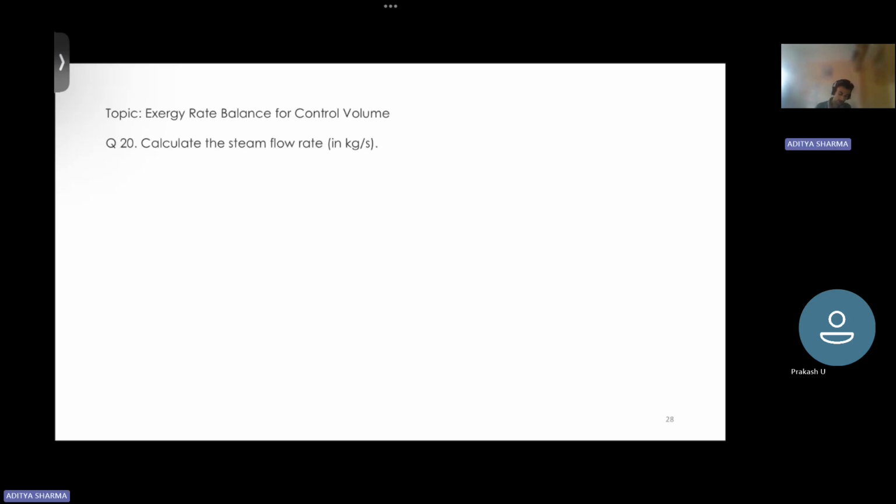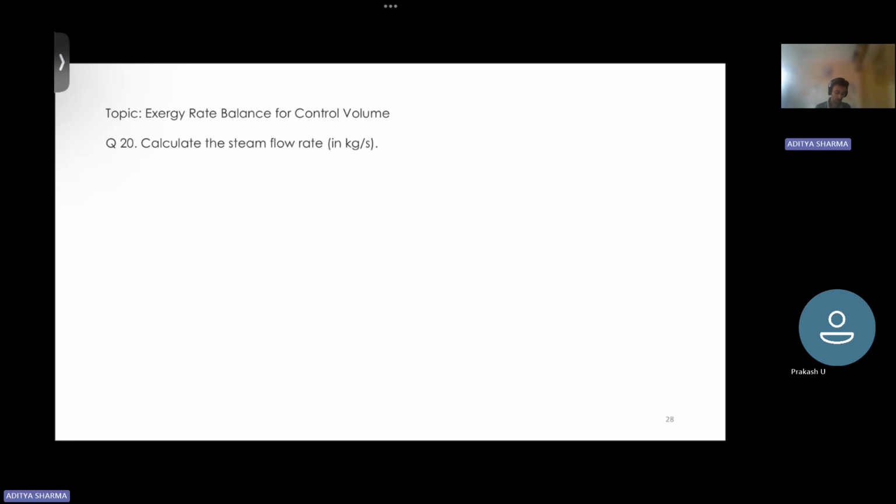And now we shall see how we solve these four problems. So this is from exergy rate balance for control volume, because we are witnessing a flow across a divergent nozzle.